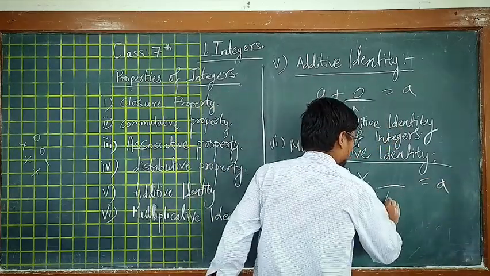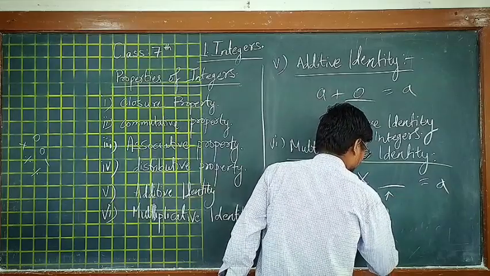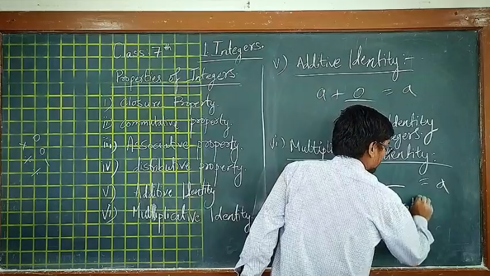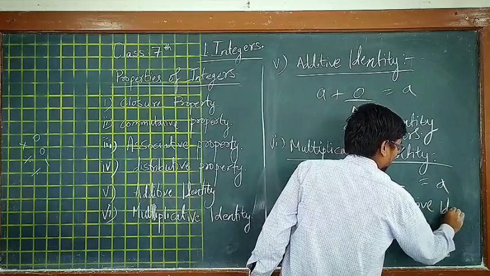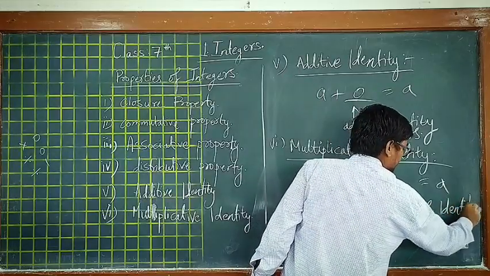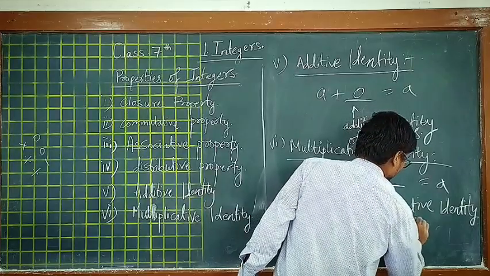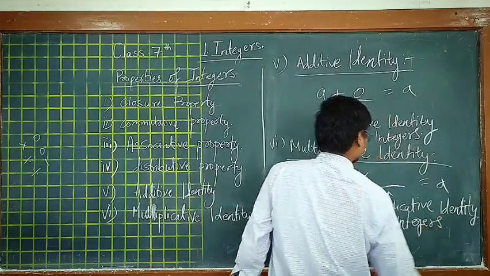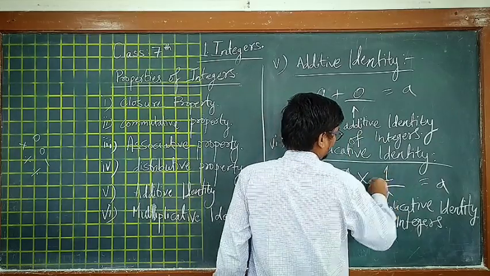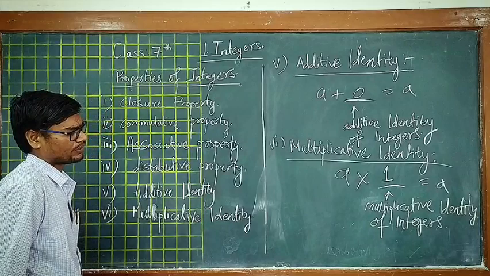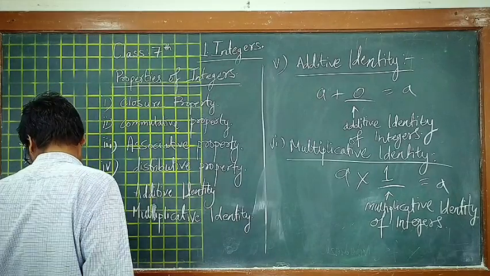This is called as the multiplicative identity of integers, which is 1. 1 is called as the multiplicative identity of integers.